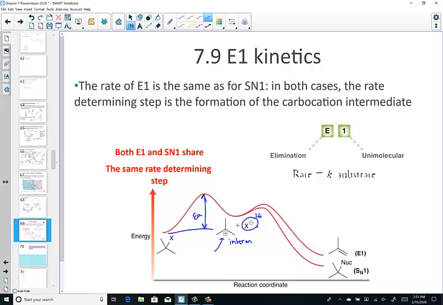If I had a terrible leaving group, my activation energy would be quite high. If I did not form a tertiary carbocation, I would have a high activation energy. So things that promote E1 and SN1 mechanisms are a very stable carbocation and a very good leaving group, one that would actually like to leave and be able to stabilize its negative charge.